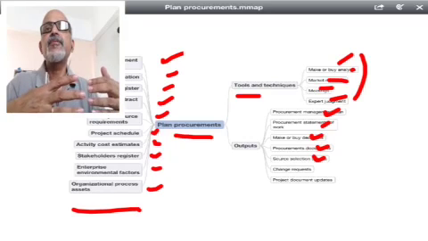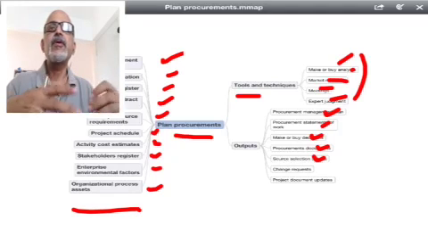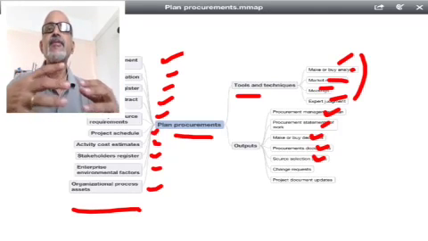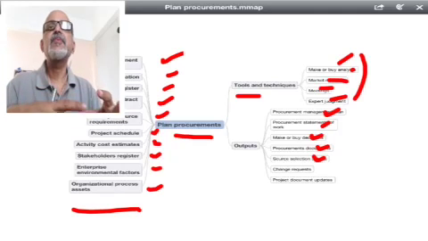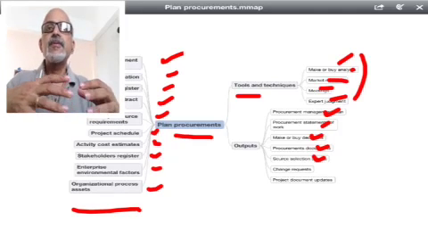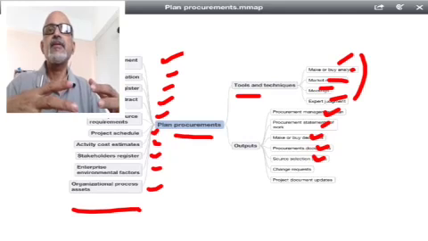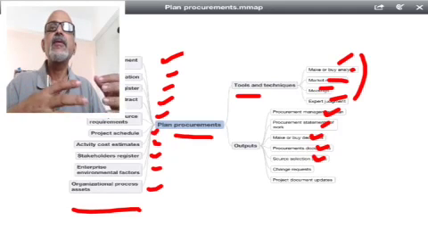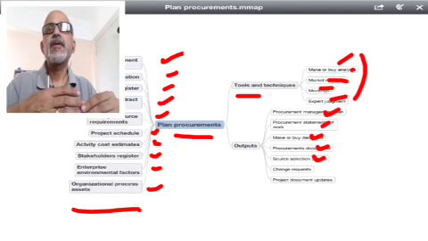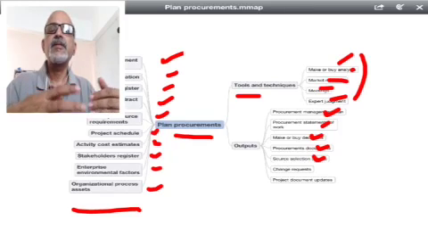Or if you don't have 5 years experience, or if you don't have this kind of certifications, please don't participate in this proposal. So that is a kind of screening criteria where we ensure that only the competent people participate in the proposal or the tender.